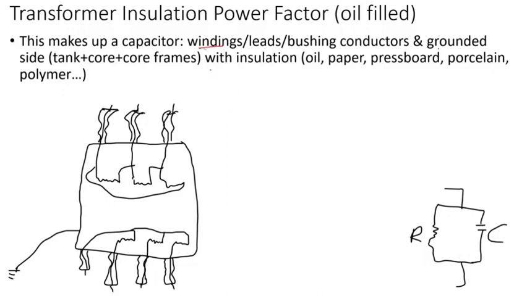If you take the windings, then the bushings, the bushing leads, conductors, the tank, core, frames, then the insulation: oil, paper, pressboard, porcelain, or polymer, depending on what kind of bushing you have. All that makes up the capacitor.